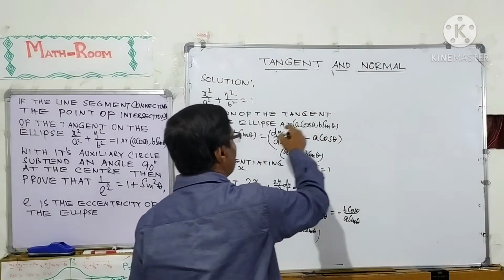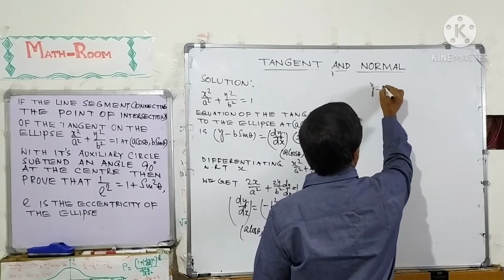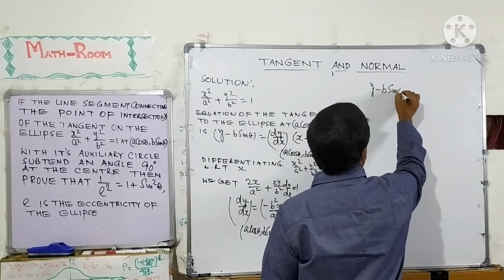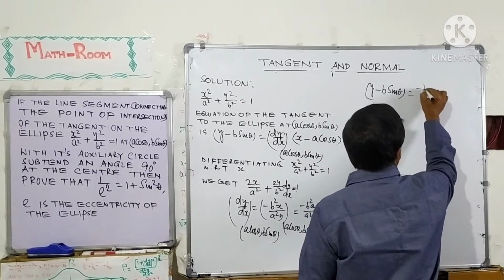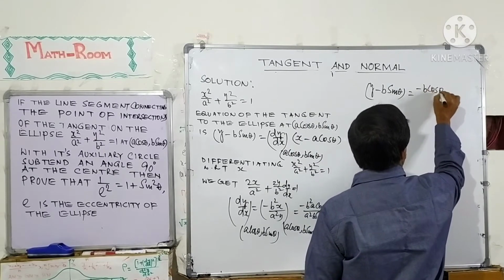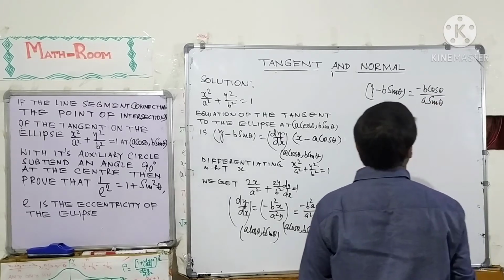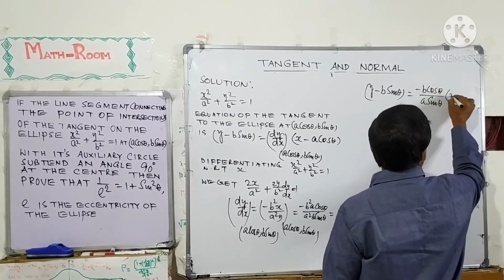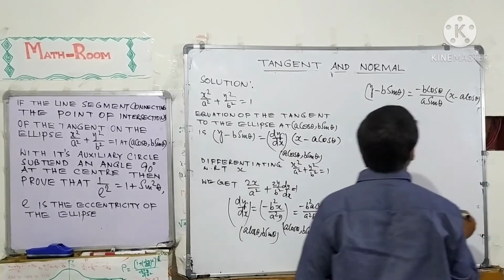So the equation of the tangent is y minus b sin theta equals minus b cos theta over a sin theta times x minus a cos theta.